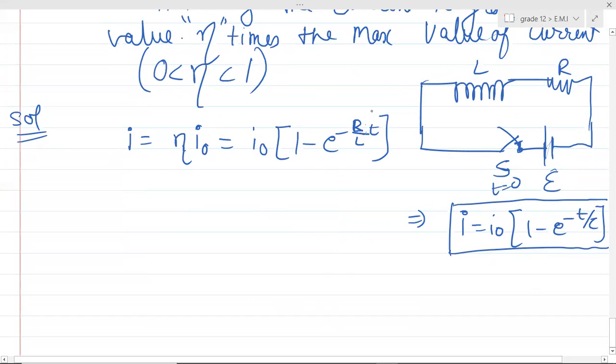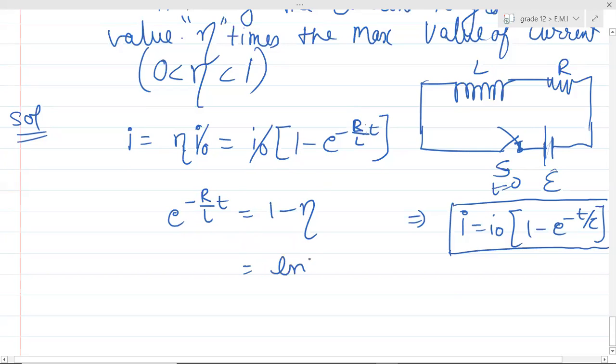I naught and I naught will get cancelled, and this thing will go over there. So e to the power minus R by L into tau is basically 1 minus eta, right? And then you send this over there, it will become ln.